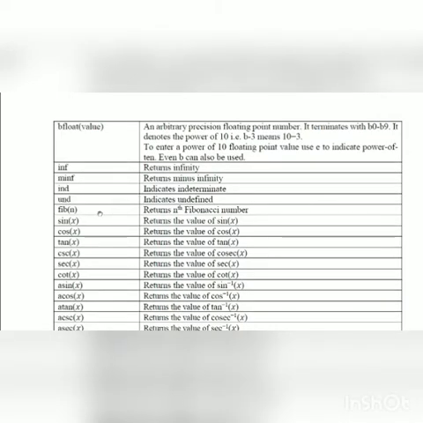And whenever you want to check whether the given number is indeterminate or not, so what are indeterminates? The numbers of the form 0 by 0, 0 into infinity, infinity minus infinity, infinity by infinity, 1 to the power of infinity, 0 to the power of 0, infinity to the power of 0.